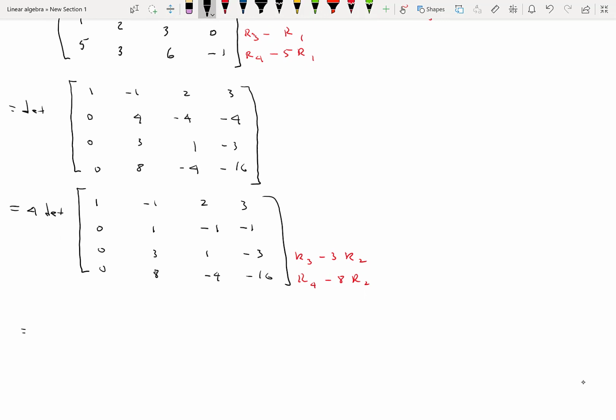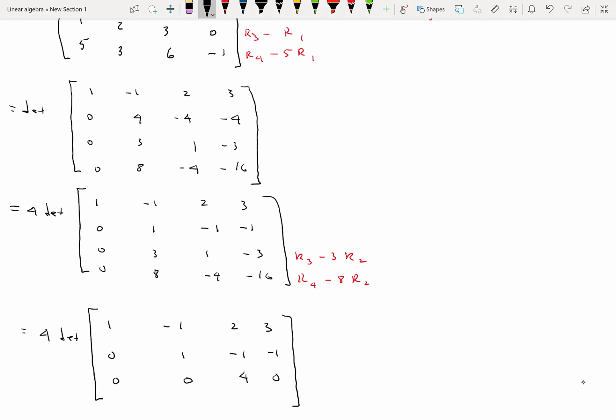Okay, so here's the resulting matrix. I'm not doing anything with the first row. I'm not doing anything with the second row. I'm changing the third and fourth rows, and the results, you can check on your own if you'd like.